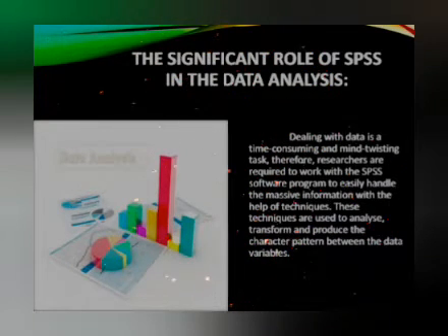Therefore, researchers are required to work with the SPSS software program to easily handle massive information with the help of techniques. These techniques are used to analyze, transform, and produce the character pattern between the data variables.